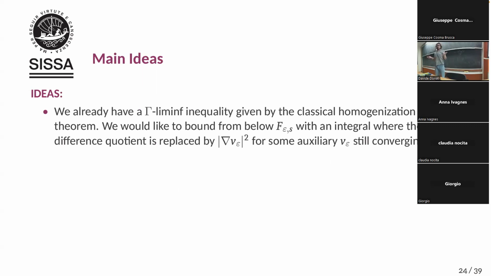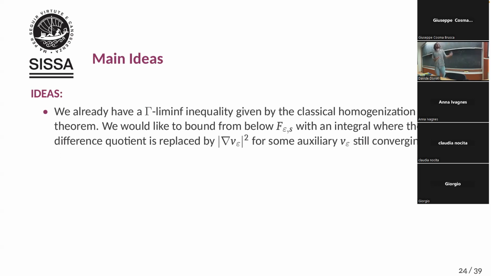The first idea is that we already have a gamma liminf inequality for homogenization, which is given by the classical homogenization theorem. So we would like to take advantage of this and bound our functional F epsilon s from below with integrals where the difference quotient is replaced by the square of the modulus of the gradient of some auxiliary functions.